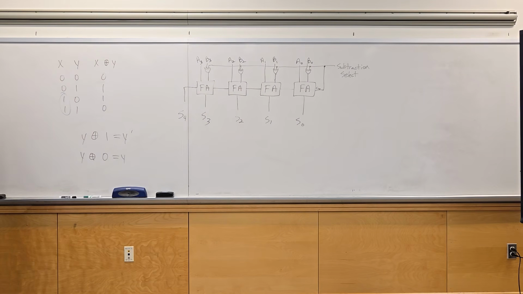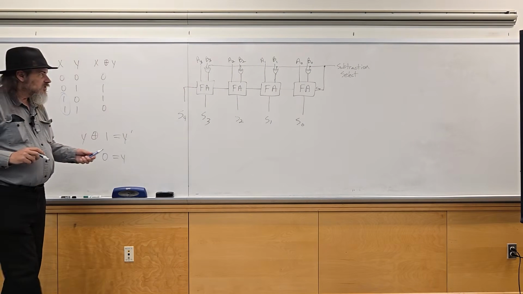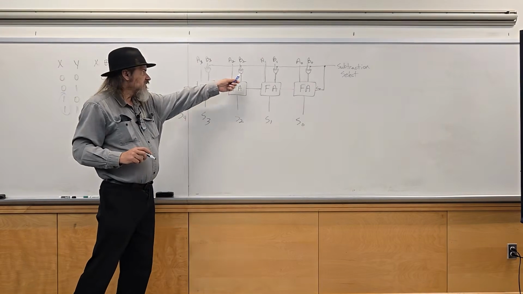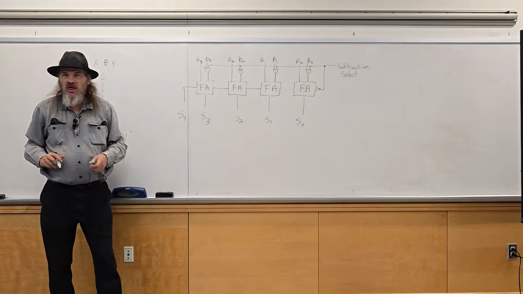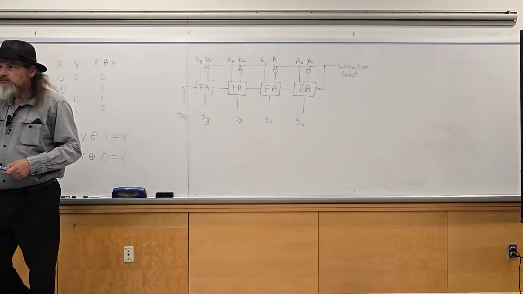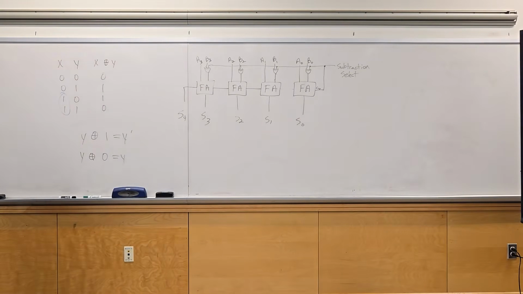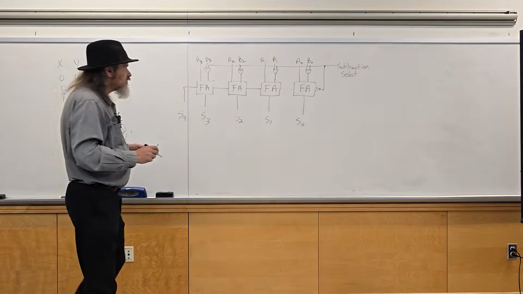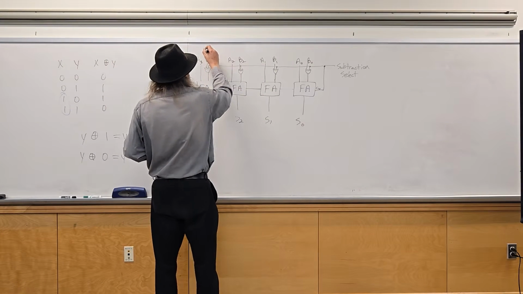So you use an exclusive OR gate as a selective inverter. That's how you make an adder subtractor combination.